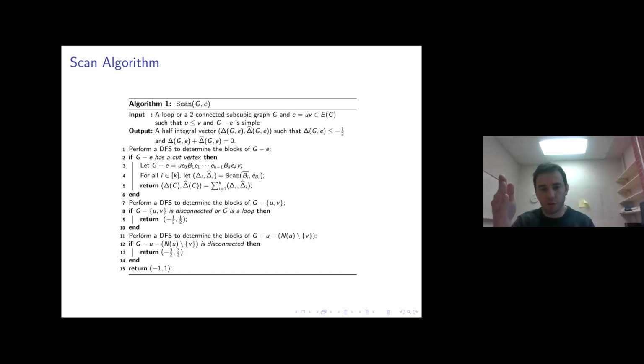Our way to scan is by doing a depth first search and understanding when the graph is disconnected or connected. Line 2 here is when G minus E is 1 connected, that is, when GE is a closure of a chain. That handles the chain case, and the rest handles when G minus E is 2 connected.